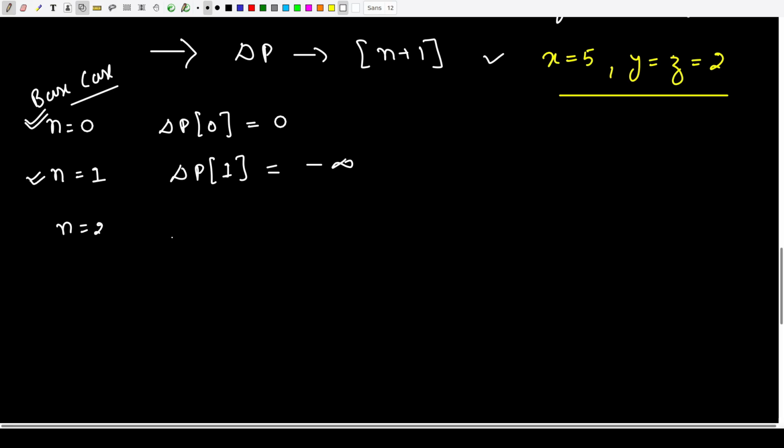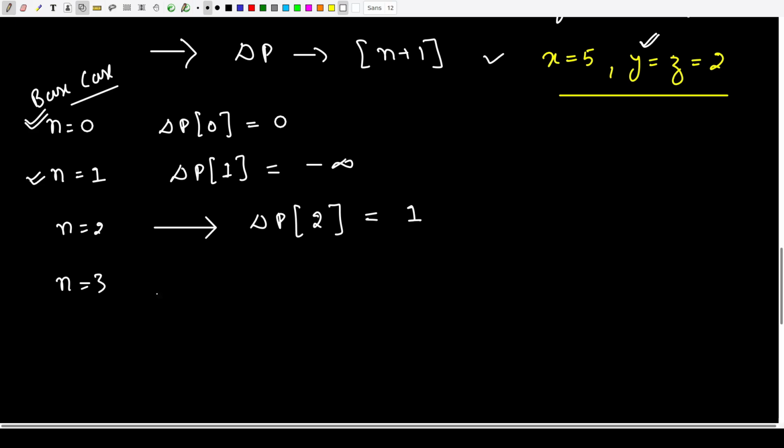Now, when the line segment is of length 2, it is possible to cut the line segment into just one part, which is the entire line segment considered as a cut of either y or z, because of which dp of 2 will be equal to 1.